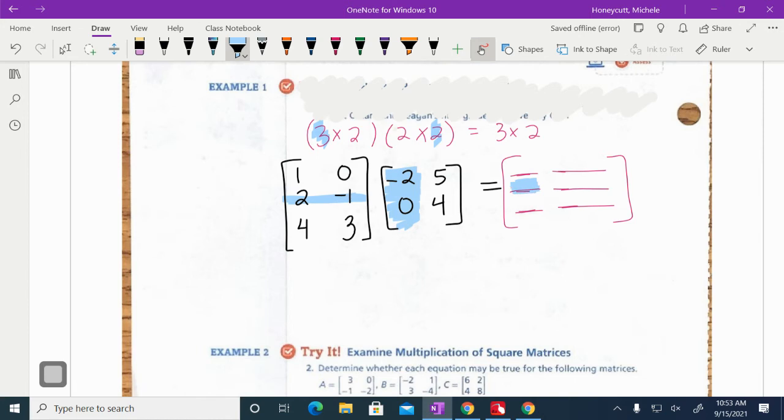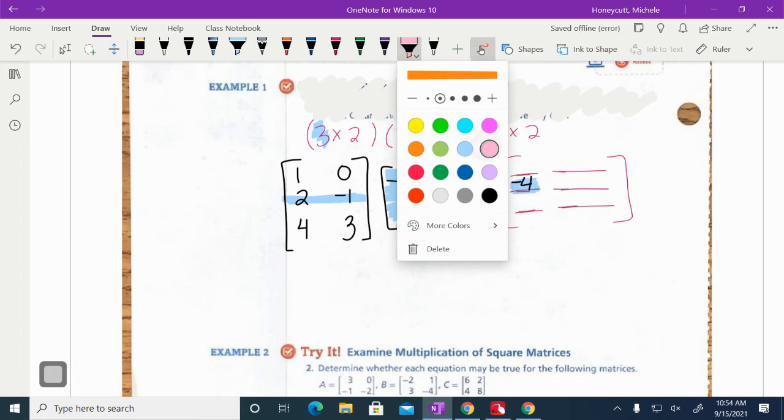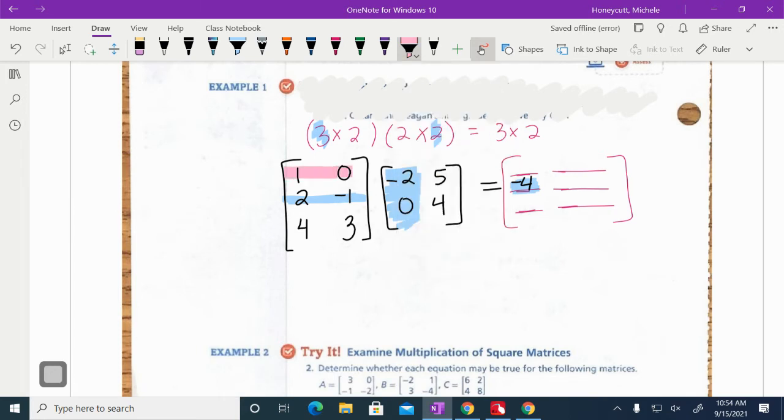So let's find it. 2 times negative 2 plus negative 1 times 0 is negative 4. Now if I multiply row 1, which column do you want to multiply by? 2.